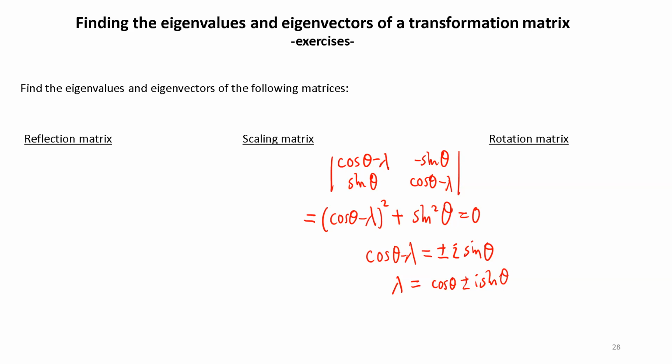You cannot find any real number that satisfies this equation. If you allow complex numbers in the game, then of course you can still substitute this lambda value back into your system of equations and solve that. It's just that at the end, the solutions that you get for the so-called eigenvectors will contain complex numbers as well.